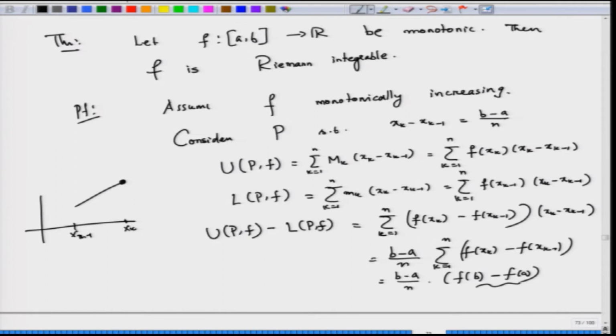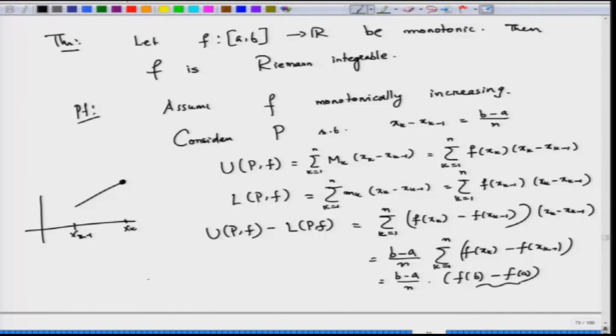Now, this is a finite number. So, what we want is just to get a partition P such that U_P f minus L_P f will be less than epsilon. For every n, this is what we are going to get for this particular partition P, and in the numerator there is a finite quantity.